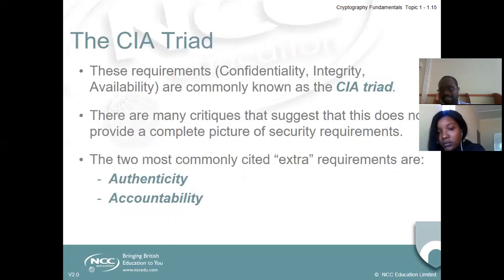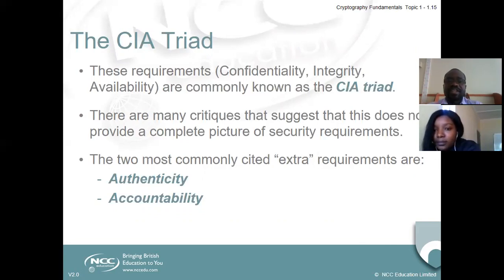The CIA triad. I've already talked about the CIA triad. So this is just going through the things we have already talked about. These requirements, which are confidentiality, integrity, and availability, are commonly known as the CIA triad.